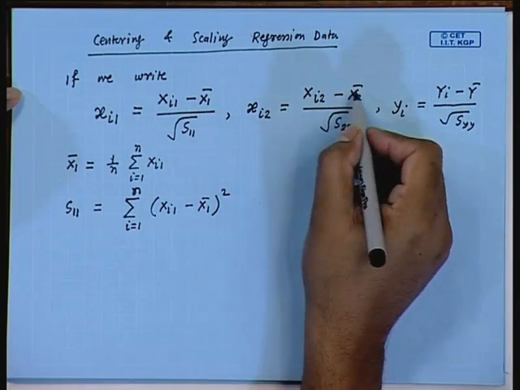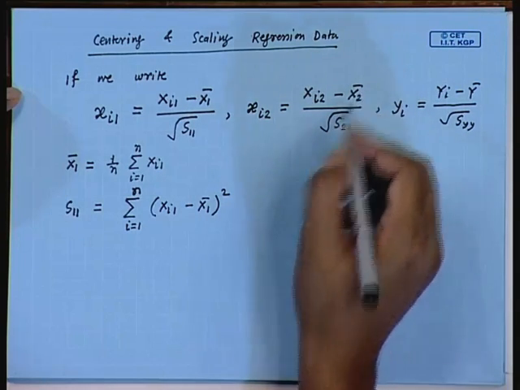Okay. So this is the mean associated with the second regressor.